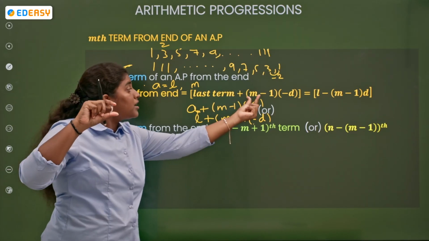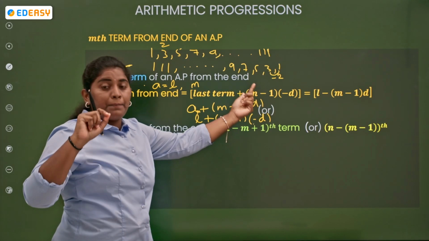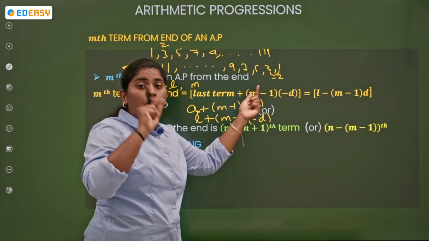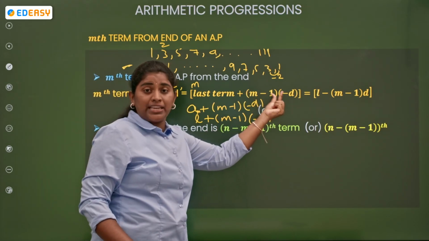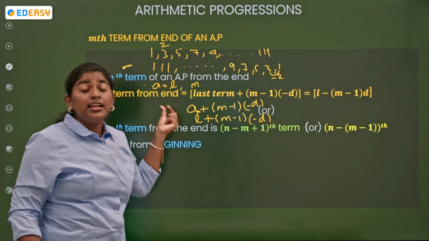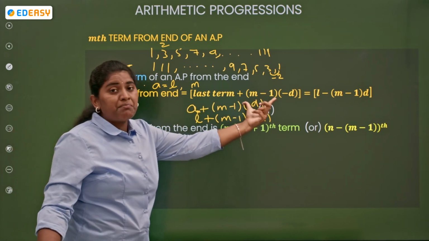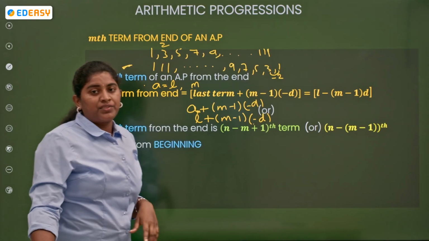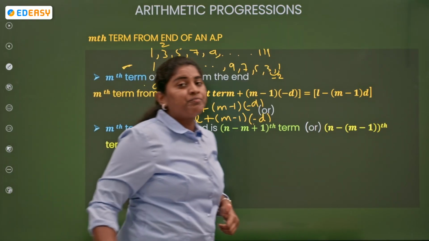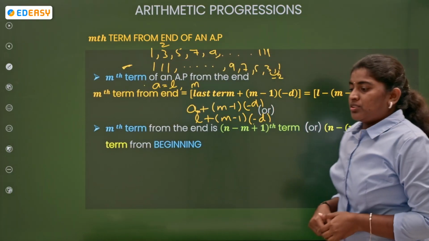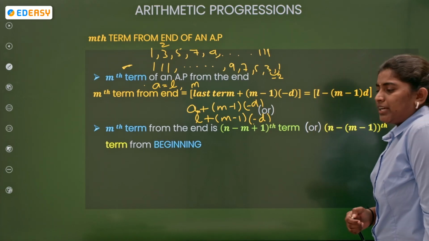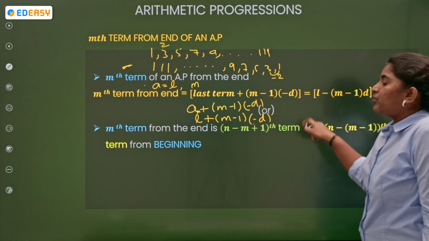So it becomes m minus 1, but the common difference you get is minus d. For that reason, the mth term from the end is the last term plus m minus 1 into minus d. Understood? Yes. So that is the nth term from the end. Now moving to the next.